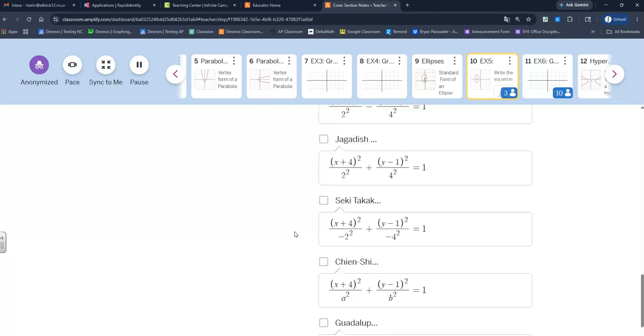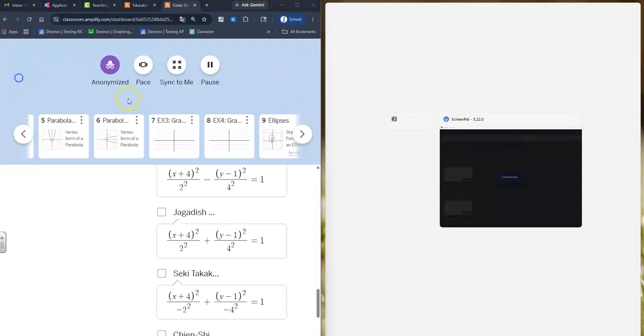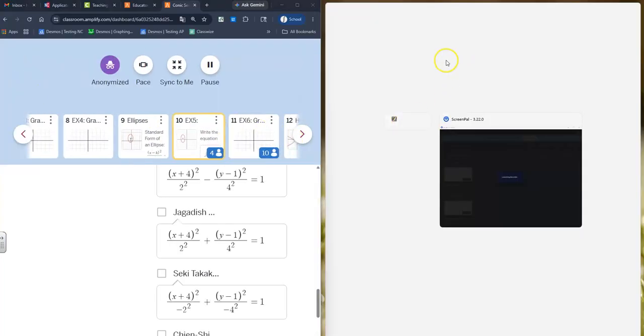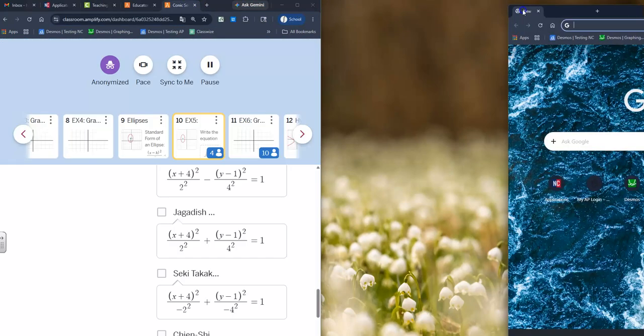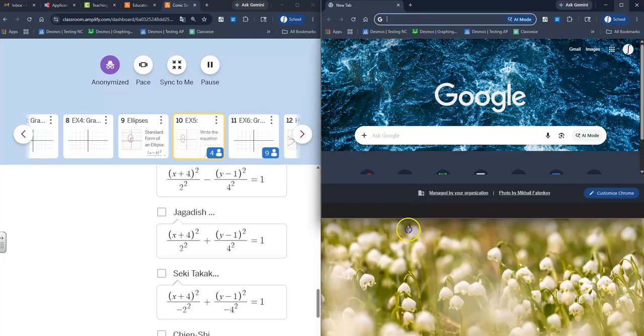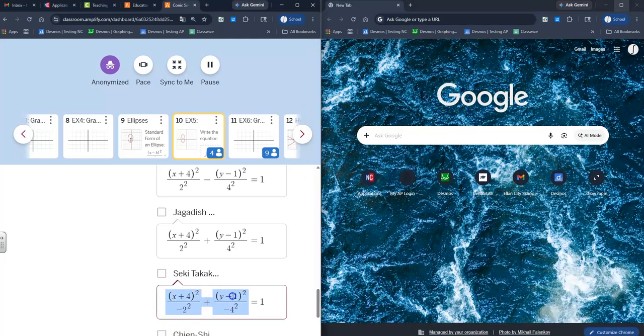Ooh, here's a good question. Is this okay? -2 squared and -4 squared. Let's see. I'm gonna type this into Desmos. In fact, one of the best things about Amplify is I think it lets us copy and paste.